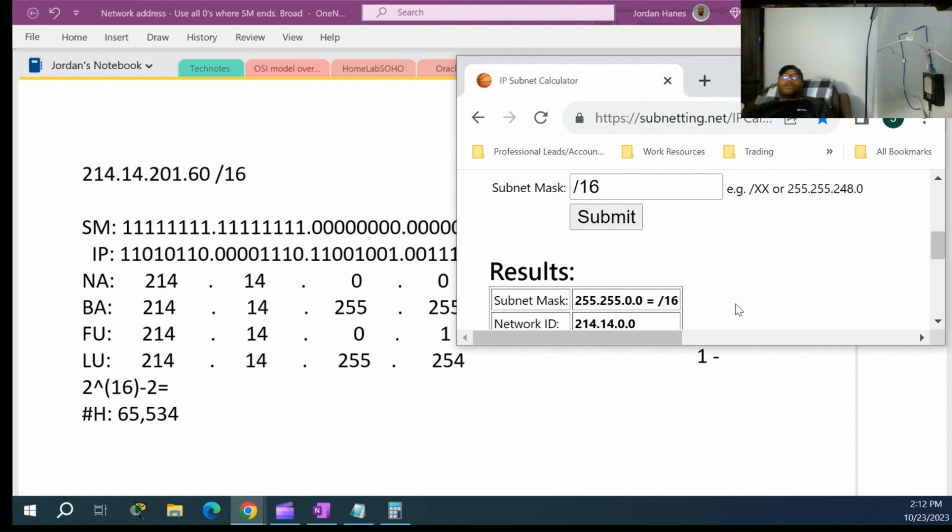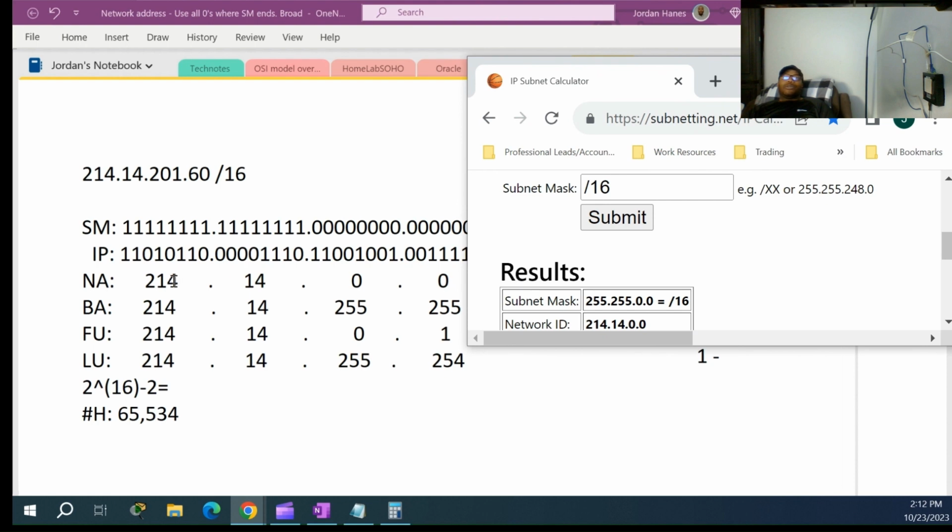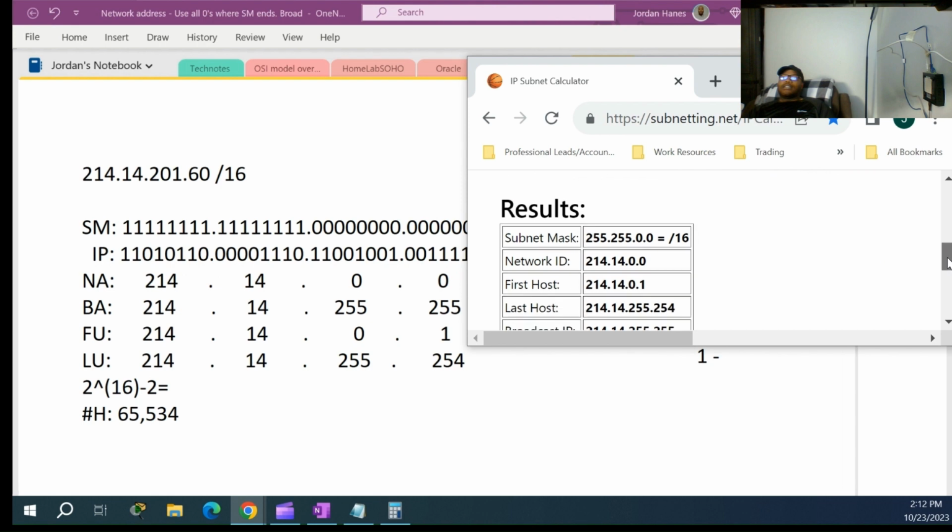So the network ID or the network address is supposed to be 214.14.0.0. So we got that one right.